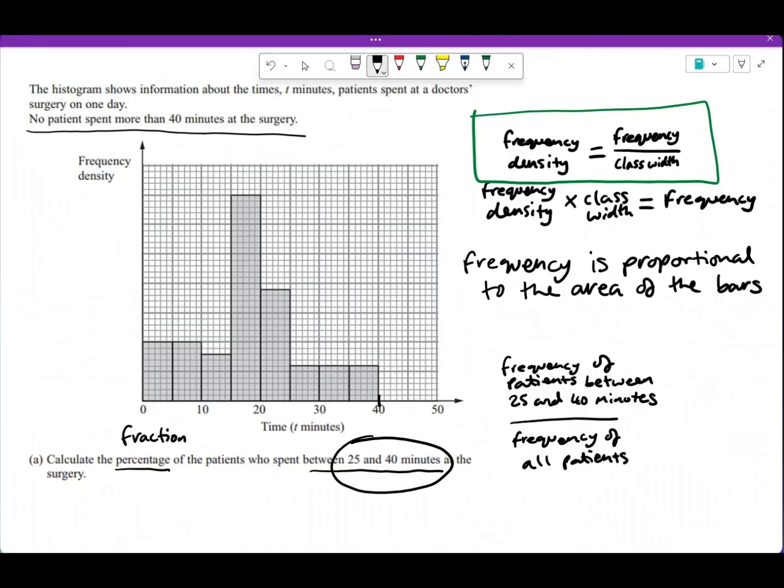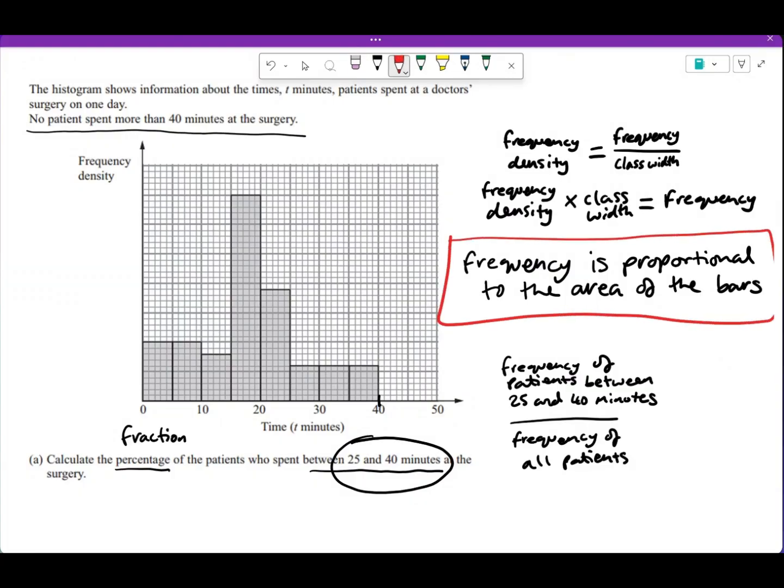However, because we don't have the frequency density scale, we're not going to be able to obtain the actual frequencies. Therefore, we're going to have to make up our own scale and make use of this key fact here, that the frequency is proportional to the area of the bars. So what I'm going to do is adjust my fraction down here. Instead of writing frequency, I'm going to take that off from both the numerator and denominator, and consider the area.